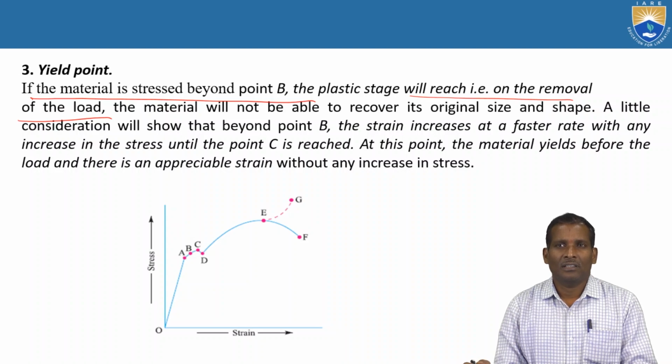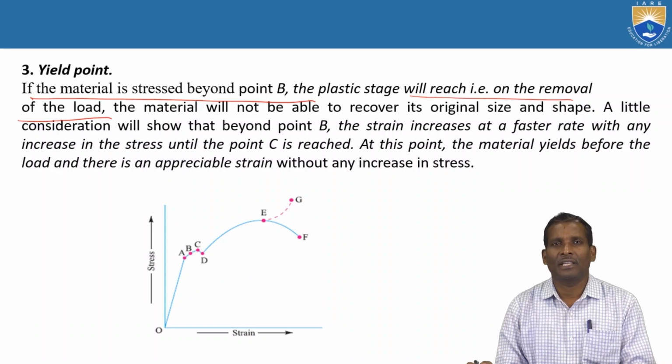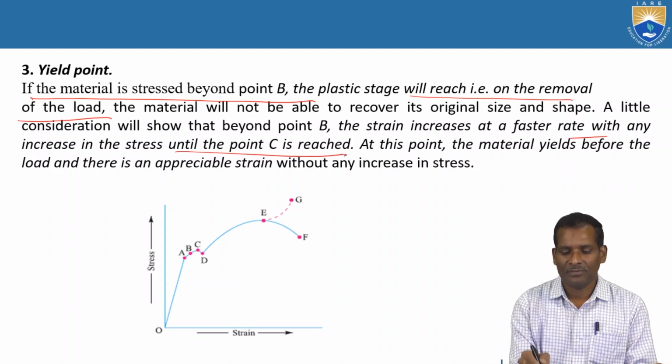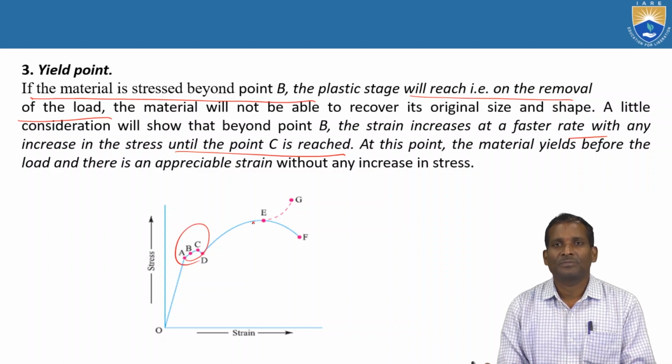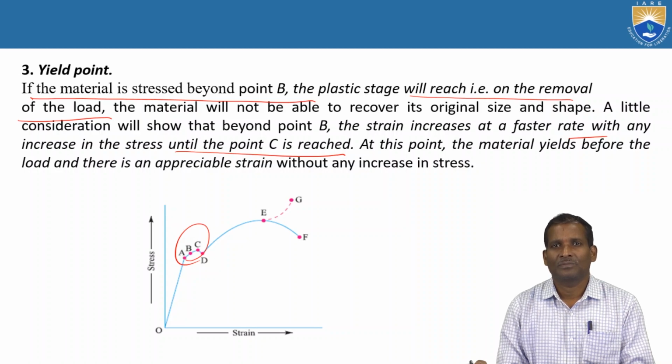So the strain increases at a faster rate with any increase in the stress until the point C is reached. After point B, at C, a small increase in stress makes the strain increase automatically.